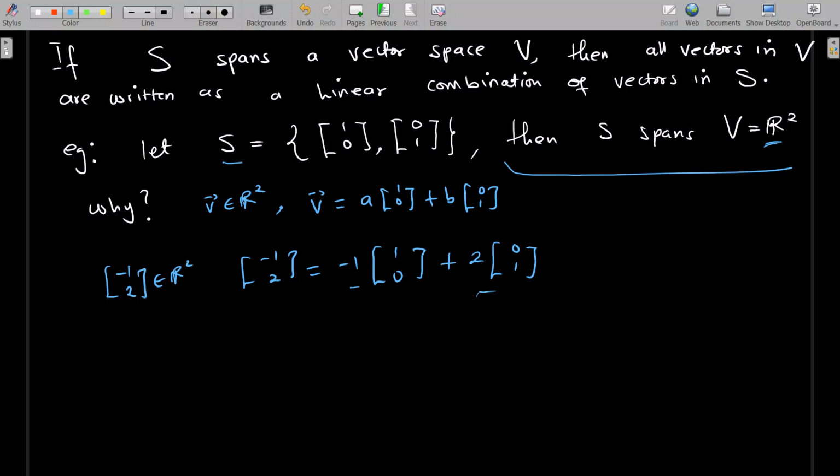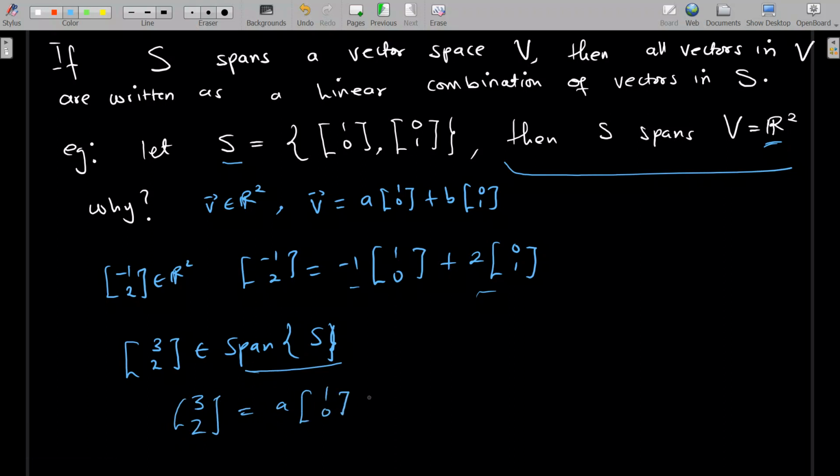You can be asked: is (3, 2) a member of the span of this S, right? And the span of this S means that (3, 2) can be written as a linear combination of elements in S. All right, so this is what you're going to do.